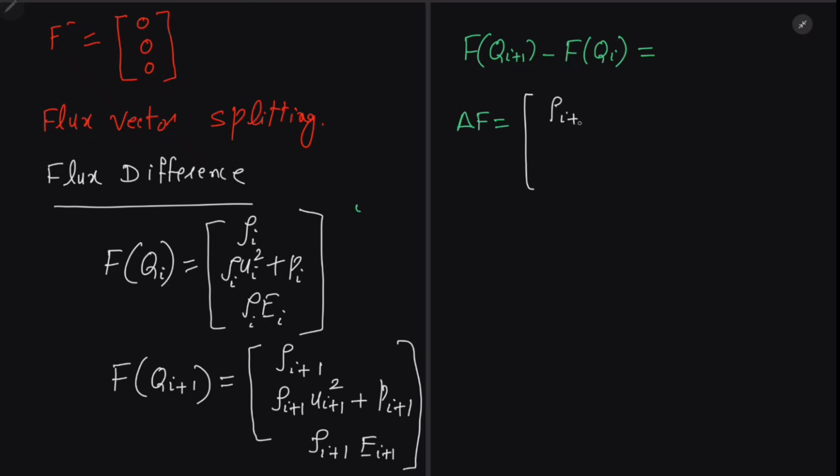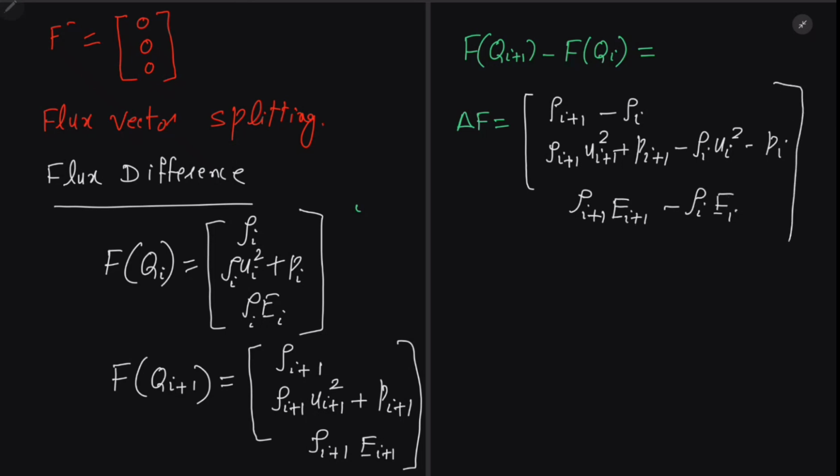Delta F equals rho i plus 1 minus rho i, then rho i plus 1 ui plus 1 square plus pi plus 1 minus rho i ui square minus pi, and then rho i plus 1 ei plus 1 minus rho i ei.